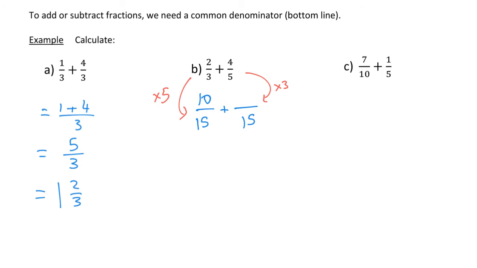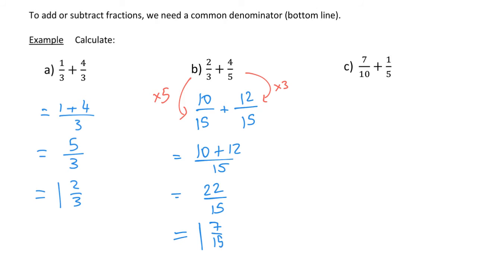Doing the same on the top, we get 12 over 15. We add the numerators, so that's 10 plus 12 over 15, which is 22 over 15. And 15 goes into 22 once with a remainder of 7, so it's 1 and 7/15.